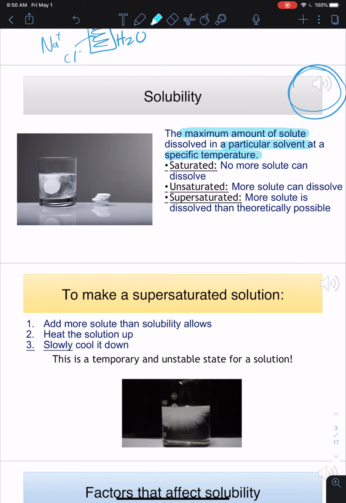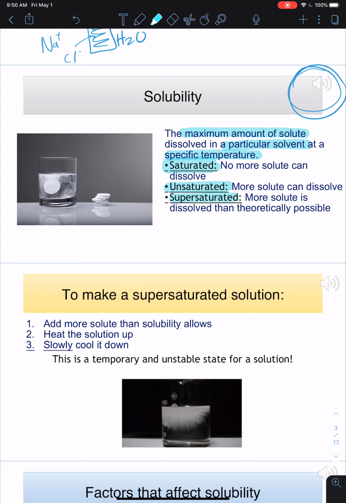So we have 3 different terms when it comes to solubility. We can be saturated. Saturated means that we are right there at the line. We have maxed out the amount of solute that can be dissolved. You can be unsaturated, which is under the max, so it would be less than. You can continue to add solute if it's unsaturated.